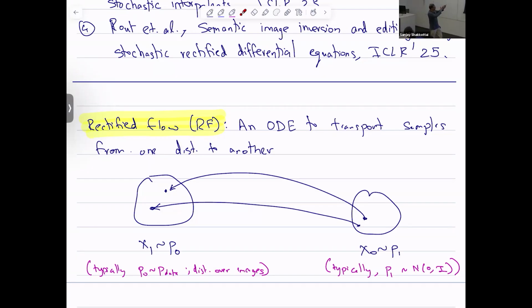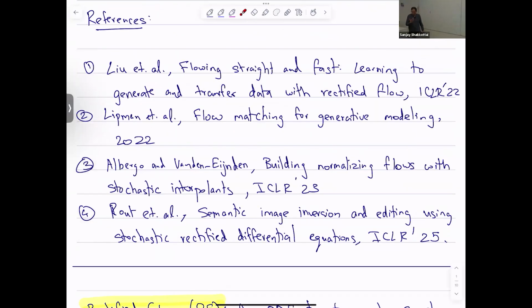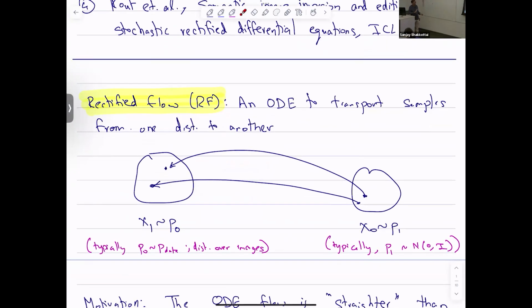Basically, over the last few years, people have started talking about rectified flow, and the parent papers are these top three papers: Liu et al., Lipman's, and Albergo and Vanden-Eijnden. I'm just talking about that viewpoint which comes from optimal transport. So this is not really a sampling view. This is a transport view.